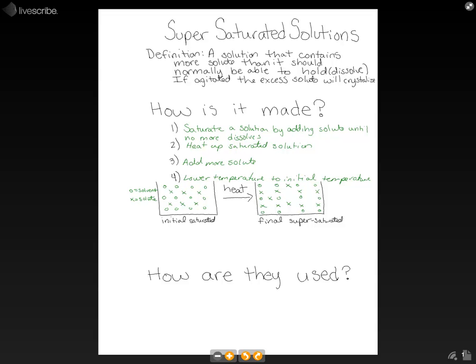This creates a solution that's very unstable. And like we said in the definition, with slight agitation, all that excess solute will just precipitate out.